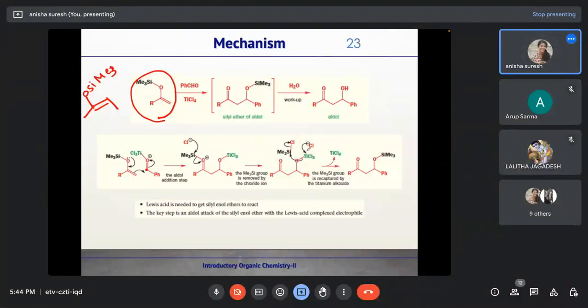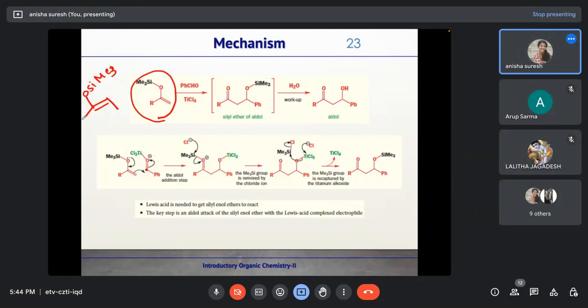Now another chlorine will add onto TiCl3, giving TiCl4 back, and this bond will break. It will attack this Me3SiCl, so Cl minus will leave and we will get this product.